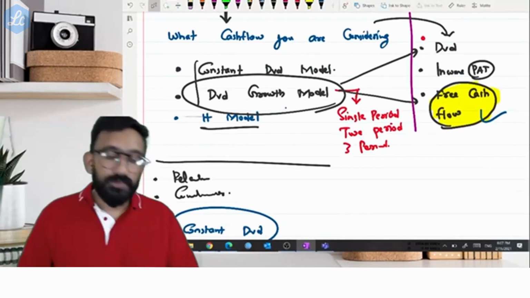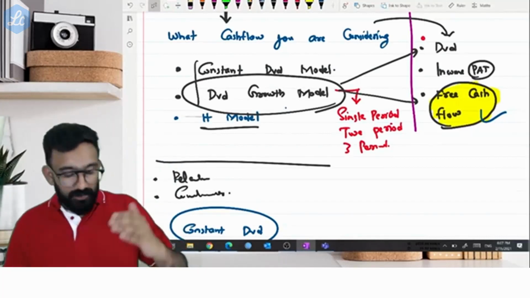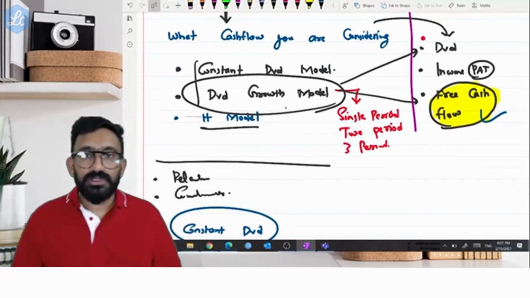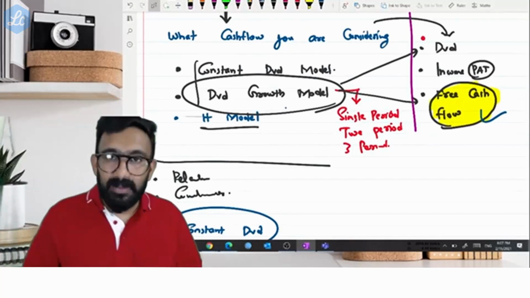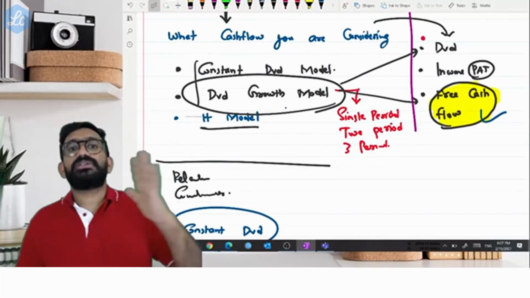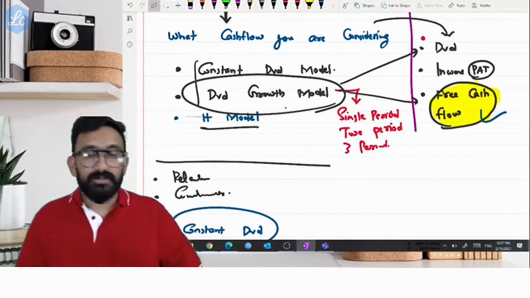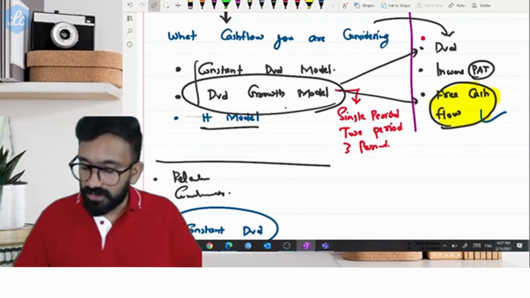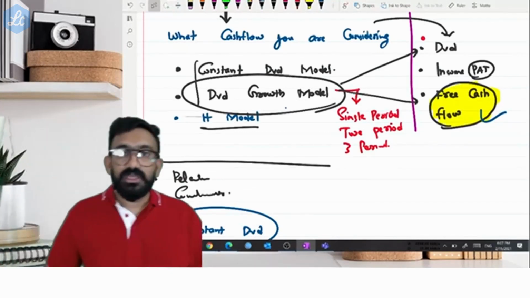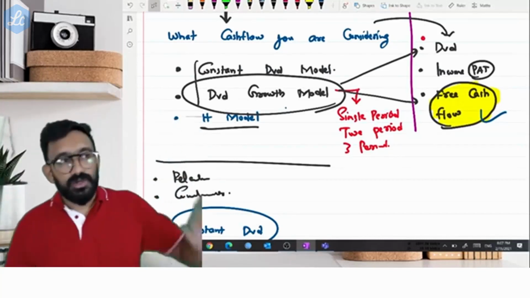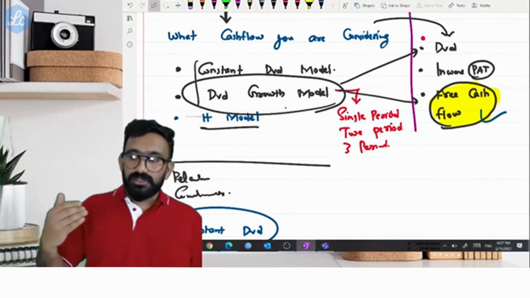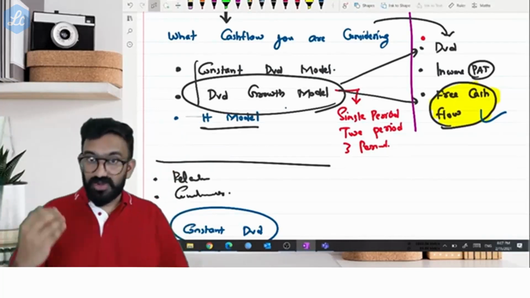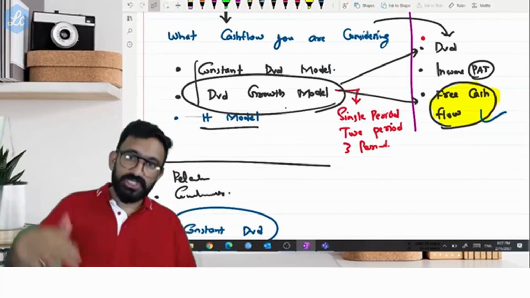Now, in free cash flow models, you compute your operating cash flow, then you reduce your capital expenditure, and you add how much your net borrowing is. We know how to determine the cash flow statement. So operating cash flow will be what? Your net profit, to which you add back depreciation and non-cash charges, depreciation, amortization.